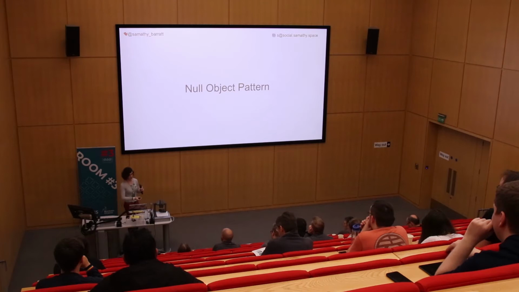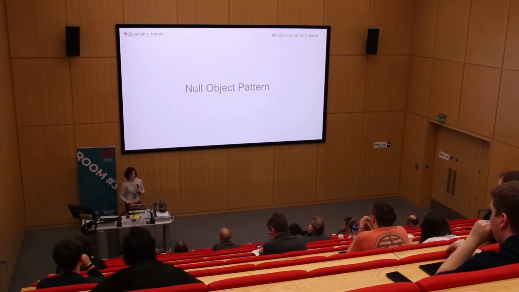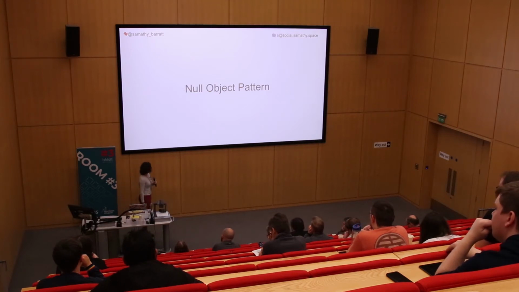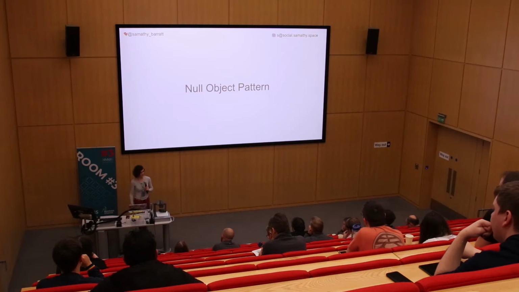So when a reference points to an object but it doesn't point to anything, instead it points to a null object. But the object that it points to, that's representing null, should implement all the interfaces that you expect for the type that the pointer is. And it should have no side effects when those interfaces are used.